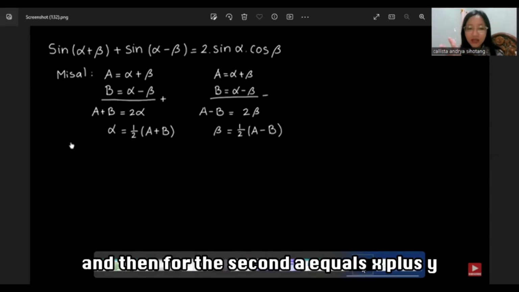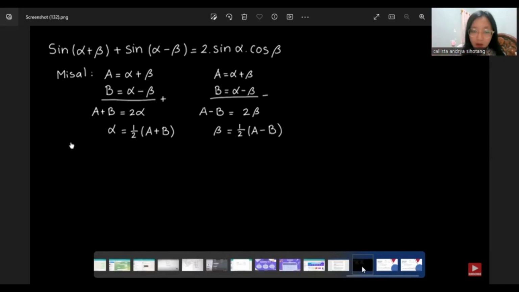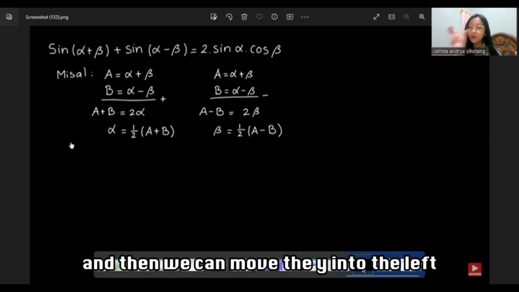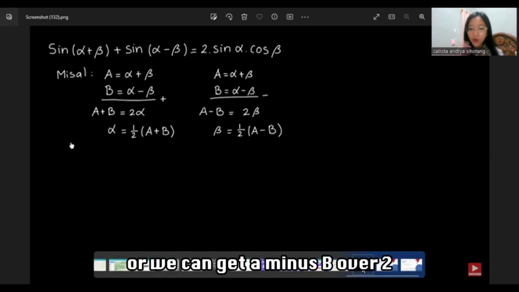For the second one, a equals x plus y and b equals x minus y, and then we can subtract them, and we get a minus b equals 2y. Then we can move the 2 over and get y equals half of a minus b, or a minus b over 2.